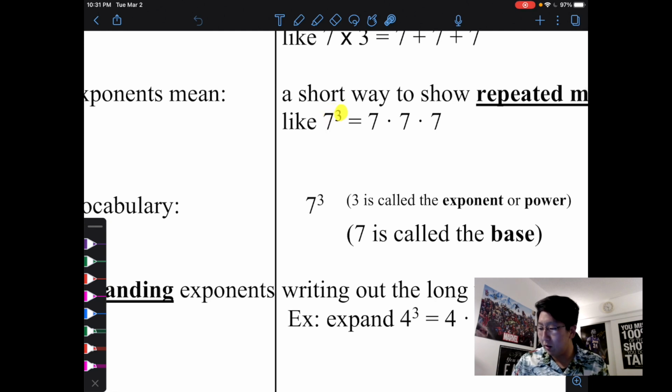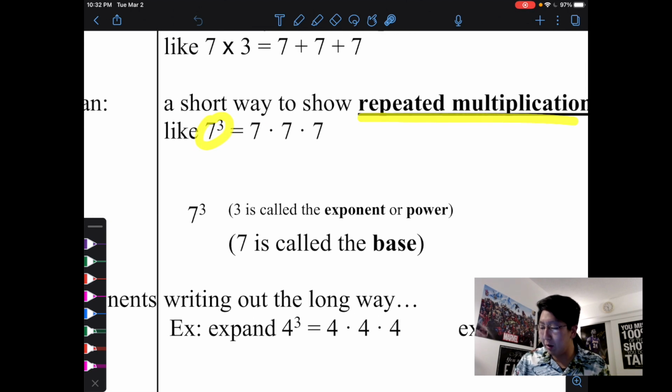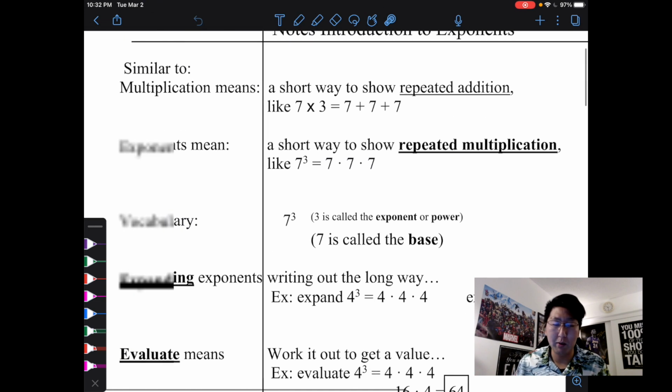Right here, 7 to the third power. The little 3 is the exponent, and that means 7 times 7 times 7. If you see a little small number, that's an exponent, and now we know we are going to have repeated multiplication. So 7 is going to be multiplied by itself 3 times: 7 times 7 times 7.